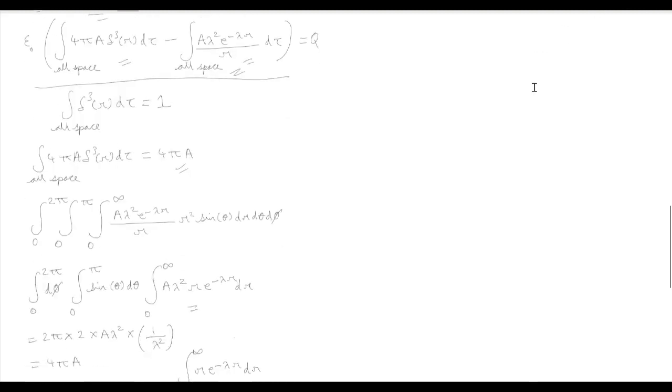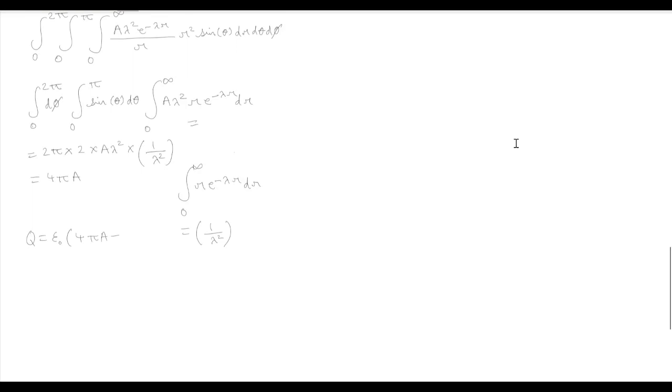That's simply subtraction, and so this is now equal to 0. So the total charge enclosed in all space related with this potential is equal to 0, and that solves our problem. We found the electric field, the charge density and the total charge related to this potential.